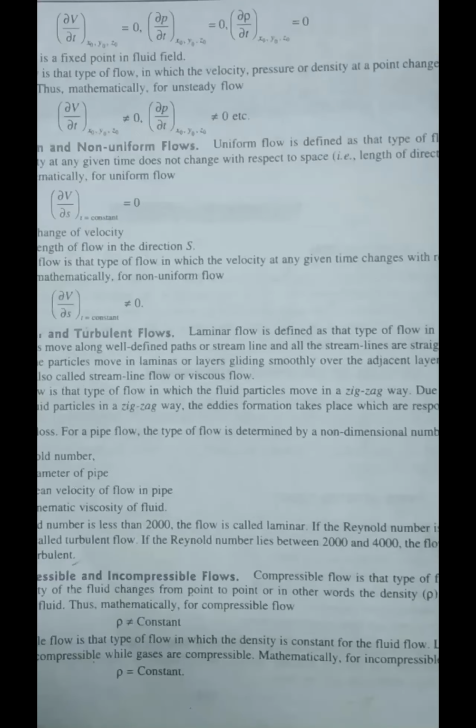So uniform and non-uniform flow field is that flow field where the fluid characteristics change with respect to position or do not change with respect to position. If it changes with respect to position, it is a non-uniform flow field. And if the fluid characteristics do not change with respect to position, then it is a uniform flow field.